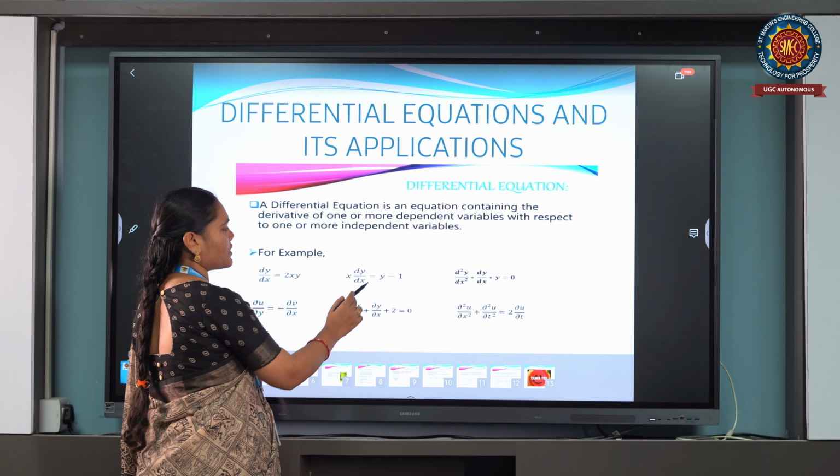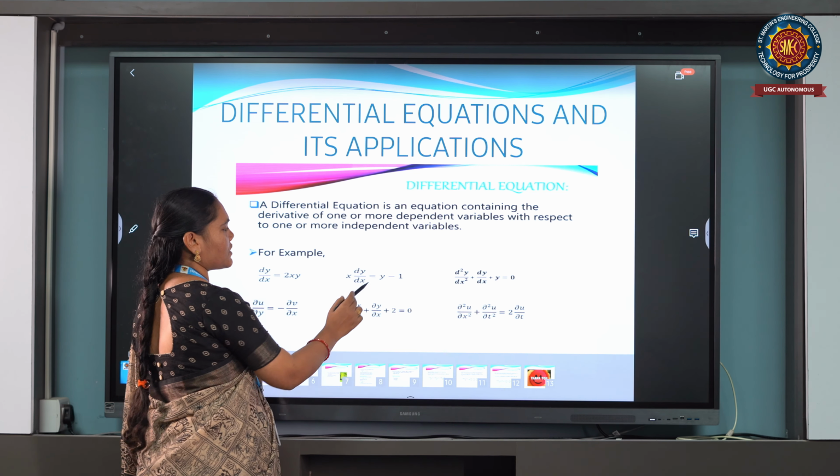Now apply the integration on both sides. Then we get integration dy upon under root of 1 minus y square is equal to integration dx upon under root of 1 minus x square plus c. Here c is an arbitrary constant.